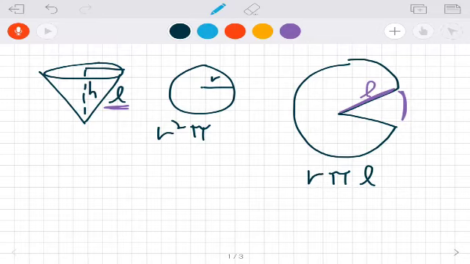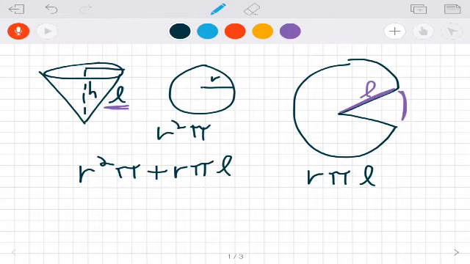And so it's a pretty simple formula: radius squared pi, and because this is surface area, we're going to add the radius times pi times the length, and this is for the surface area of a cone.